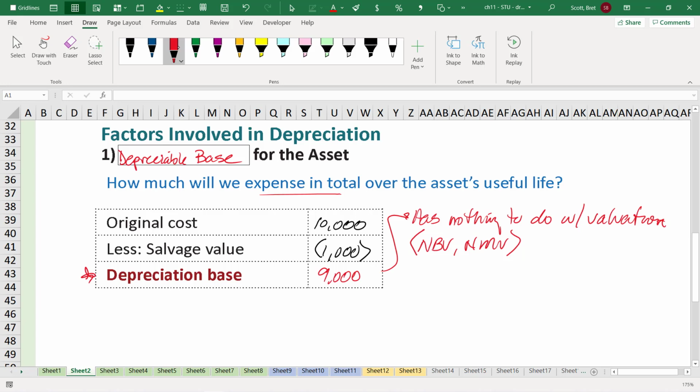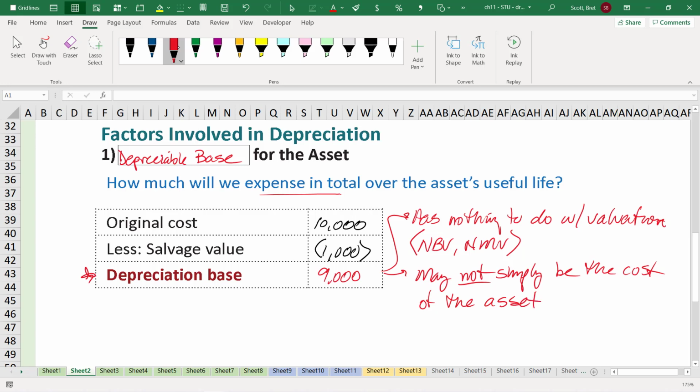It has to do with how we're consuming the asset. In a lot of ways, depreciable base is an idea about how much value we're deriving from this piece of equipment. Also, another thing to keep in mind is the depreciable base may not simply be the cost of the asset.